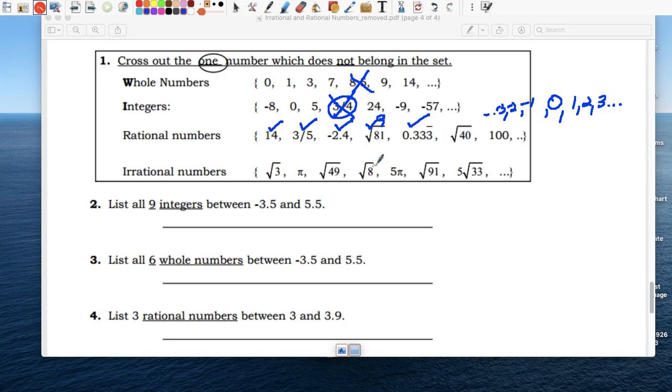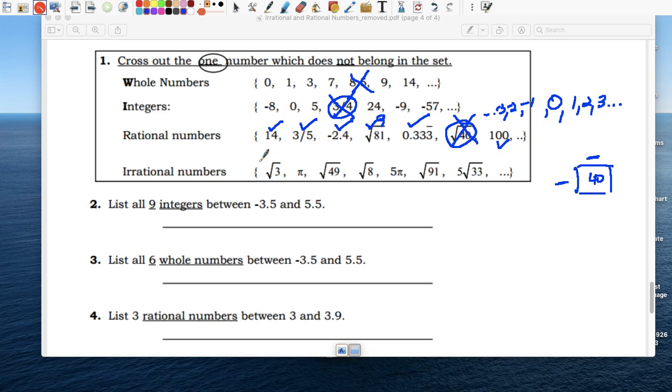Yes, so that's rational. 100 is rational, but square root of 40, it's not a perfect square. Are there two of the same number that multiply to give you 40? There aren't. You're going to get a decimal that goes on forever and ever and does not repeat, so square root of 40 is the one that doesn't belong.